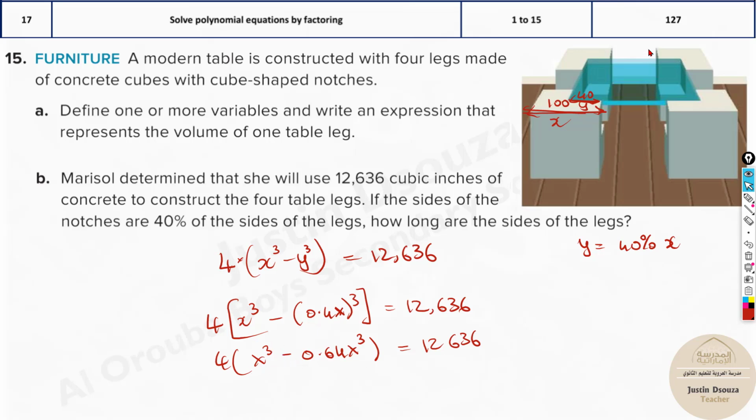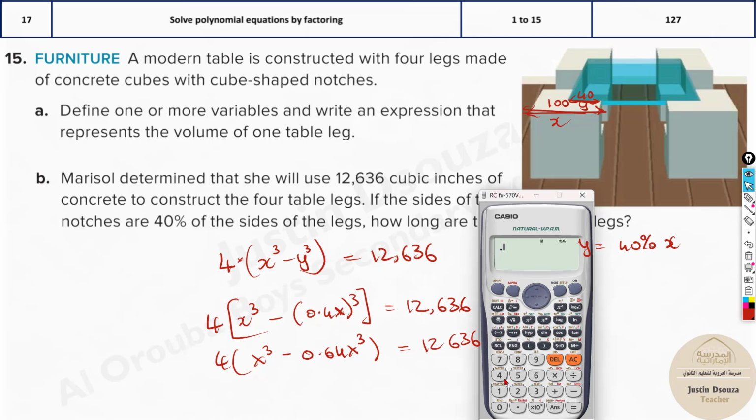Let's use our calculators now. Let me just check this once again. I am sorry, it is not just 64, it's 0.64, okay? Because when you cube it, it becomes reduced, and the decimal moves. Okay, it should be 0.064, my bad.